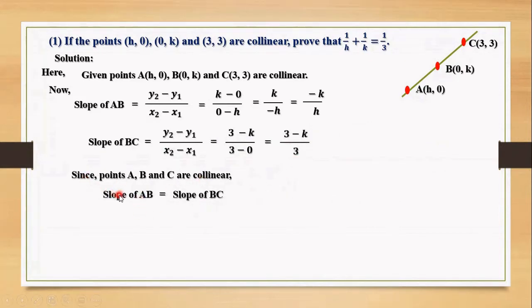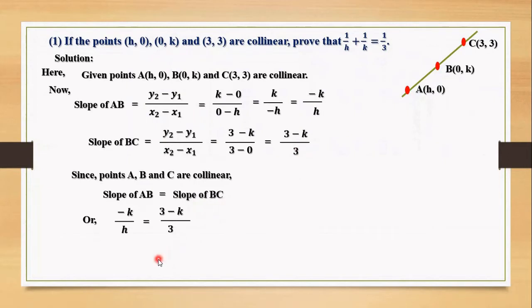Now let's substitute the slope of AB and slope of BC, which we have already calculated up here. Slope of AB is minus k by h and is equal to slope of BC, which is (3 minus k) by 3.